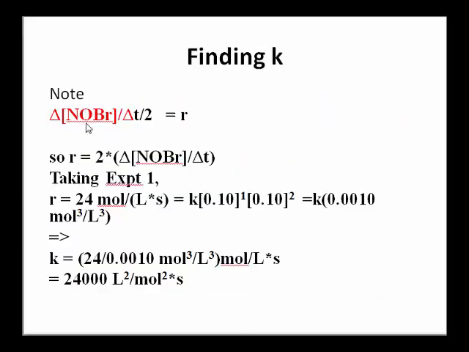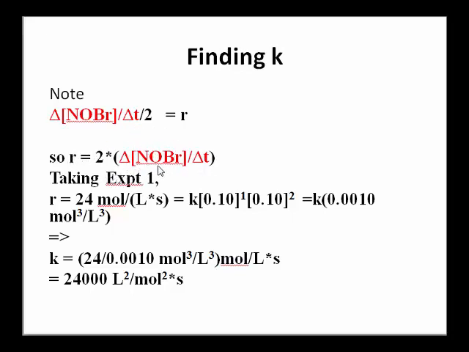The coefficient of NOBr in the balanced chemical equation is 2, so the rate of change of NOBr concentration divided by 2 is the rate, according to what we have already seen. Right. So R must be equal to twice the value of the column that appears in the table, the rates of change of NOBr concentration.